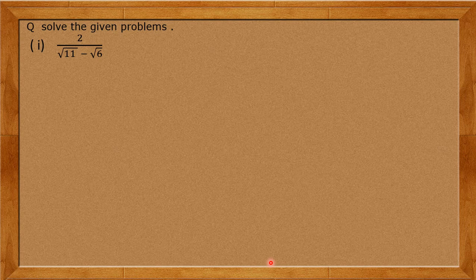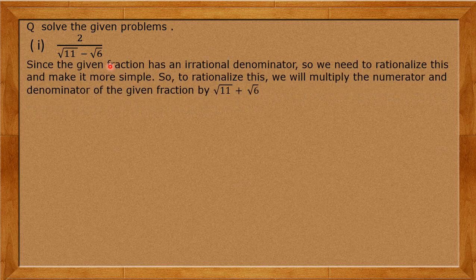So here the question is given. We have to solve 2 upon square root 11 minus square root 6. For solving this, we observe that the denominator of this fraction is irrational, so we need to rationalize this and make it simple.